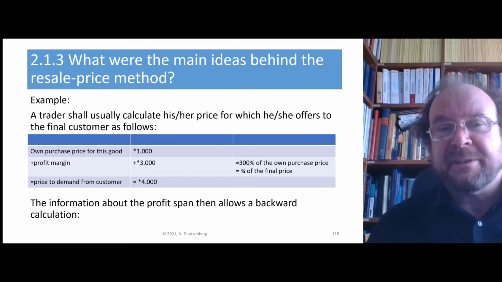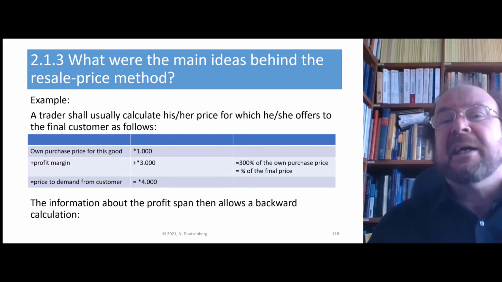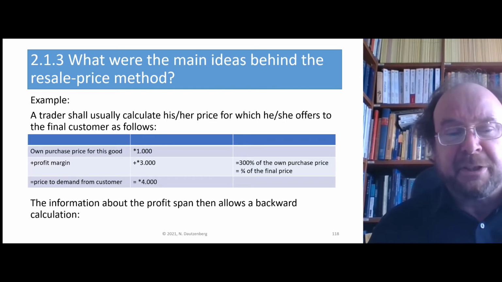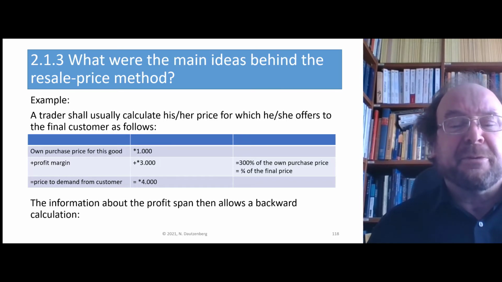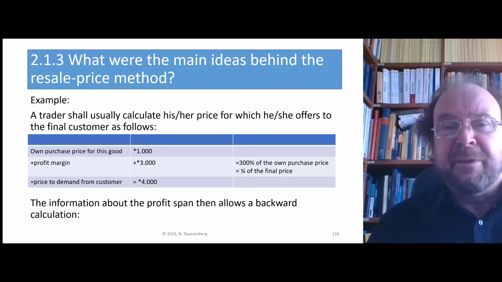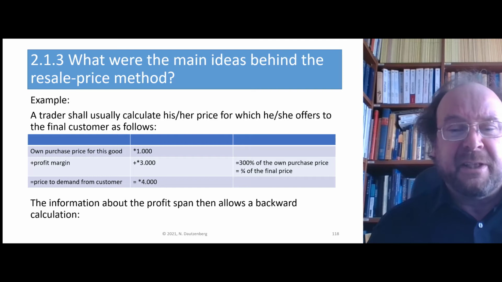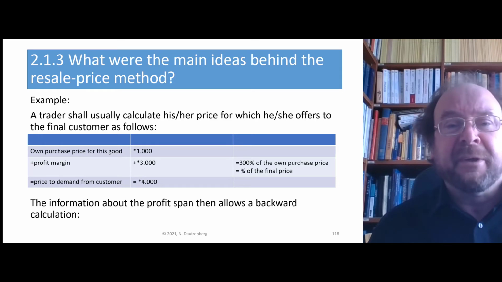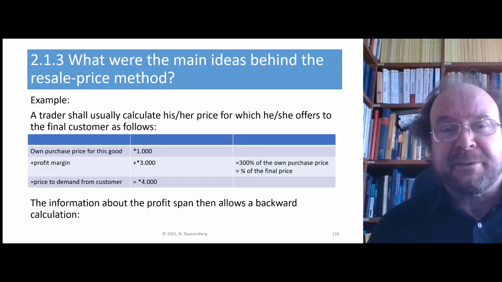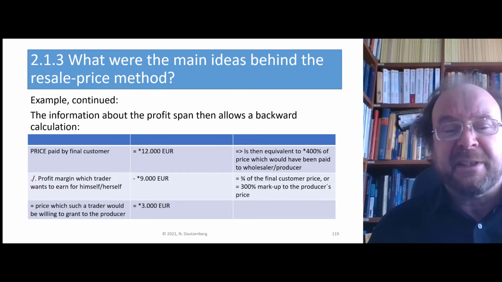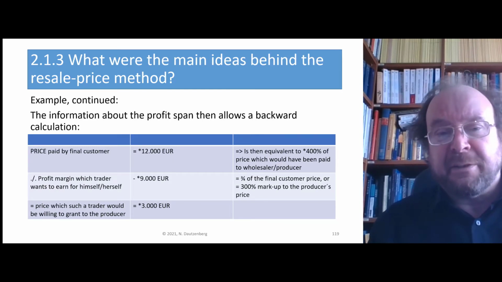If the trader usually says, I pay 1,000, I add 300% profit margin, so my final price would be 4,000, then you know for that sector of economy, for that trade, 300% markup are usual, or 3/4 of the final price goes to the trader and 1/4 is passed on to the producer. Then you can use that information to calculate backwards.